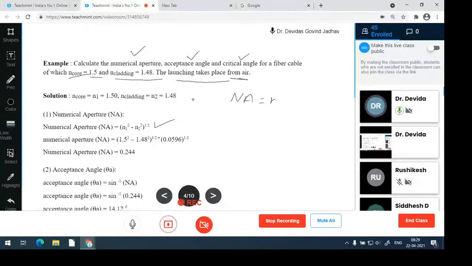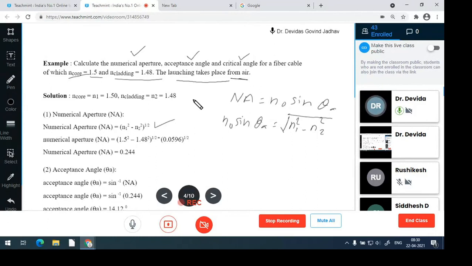Na is by definition N0 sine theta A, and N0 sine theta A is root of N1 square minus N2 square. This is also one more formula. We can use this formula.